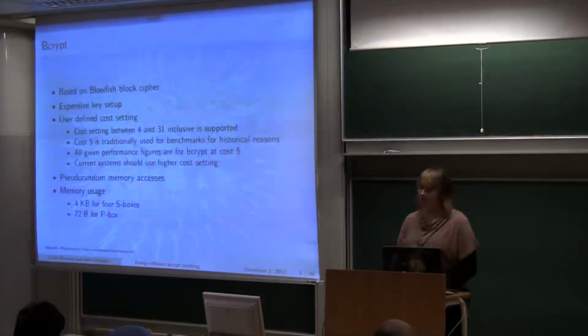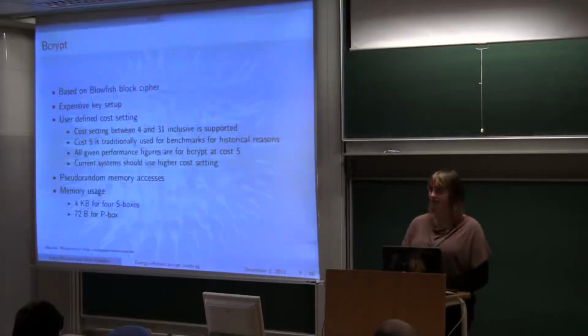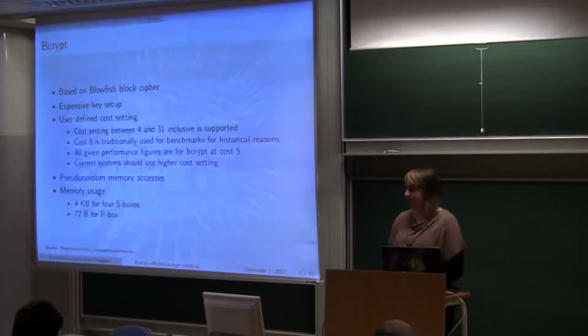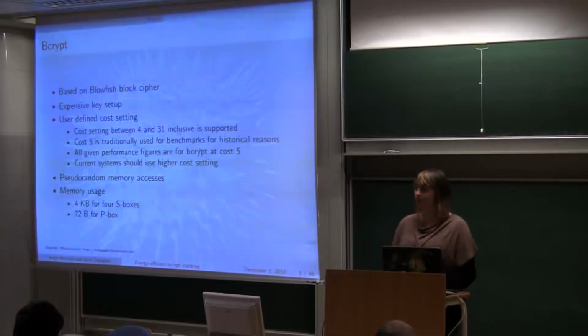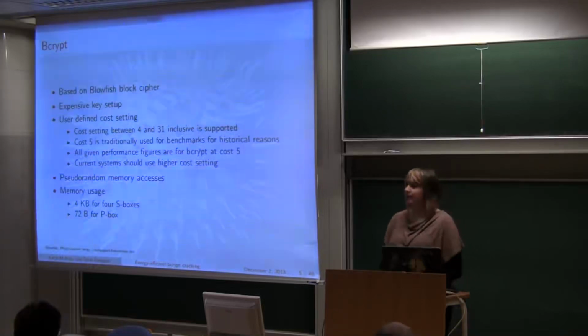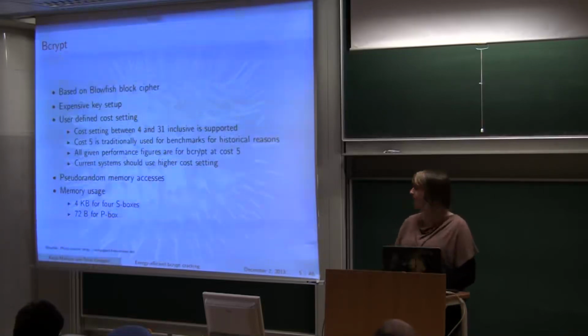So bcrypt is based on the Blowfish block cipher. What is special about bcrypt is its user-defined cost setting, where the user can control the difficulty of computation. Another thing that makes bcrypt difficult to implement on some platforms are pseudo-random memory accesses.